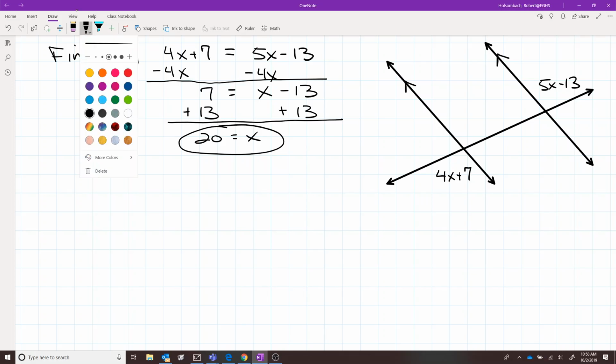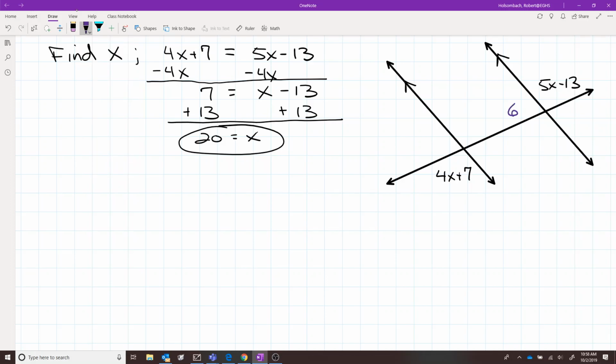The second part of that question. Find y if the measure of 5 equals 68. The measure of angle 5, this is 68 degrees. And the measure of angle 3 is 3y minus 2.